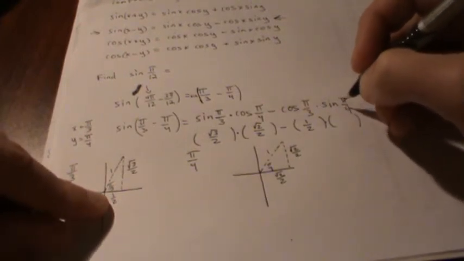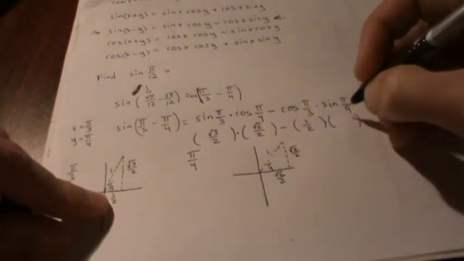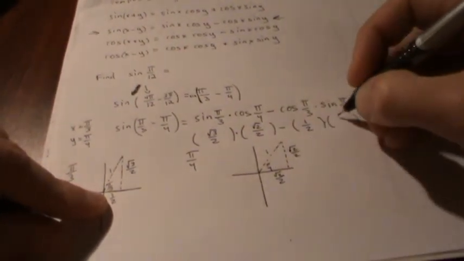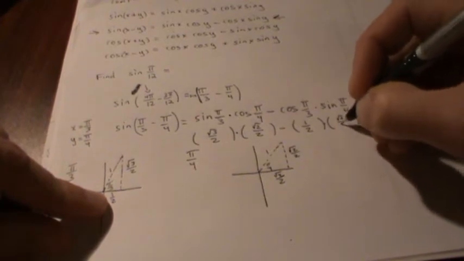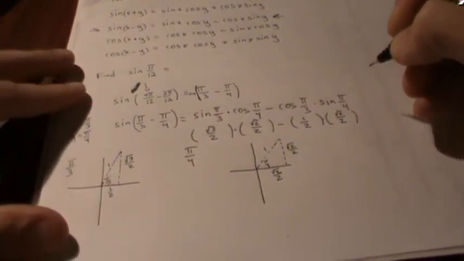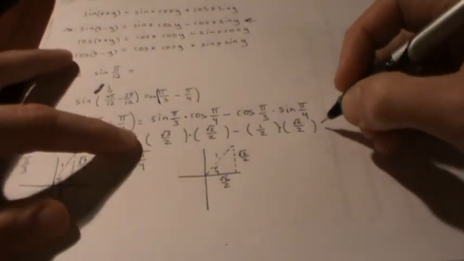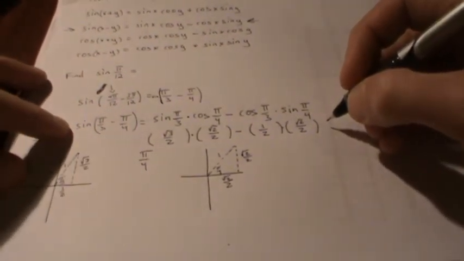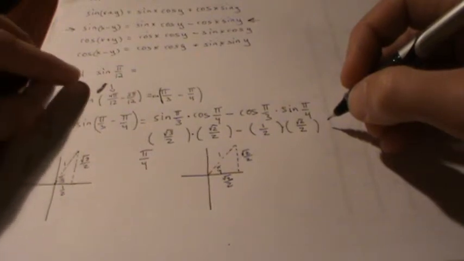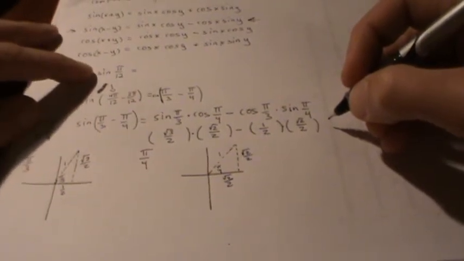And the sine of pi over 4 tells me to get the opposite side of pi over 4, which is the square root of 2 over 2. And so in the end, this is what sine of pi over 3 minus pi over 4 is, which is sine of pi over 12.